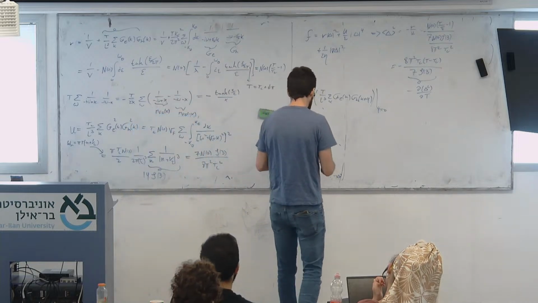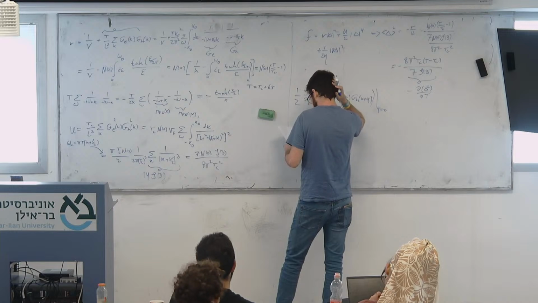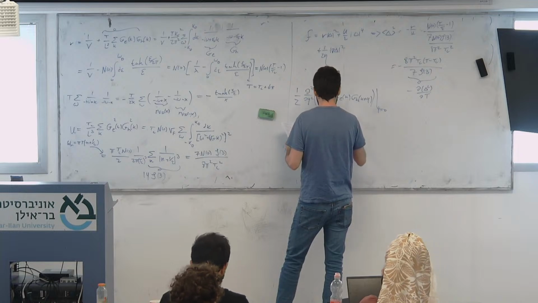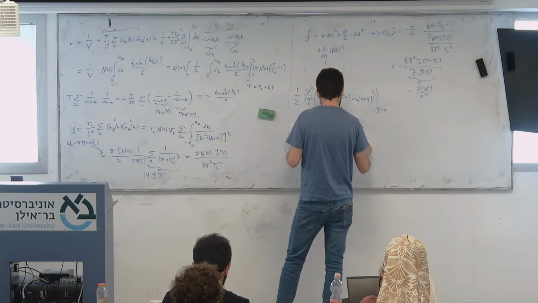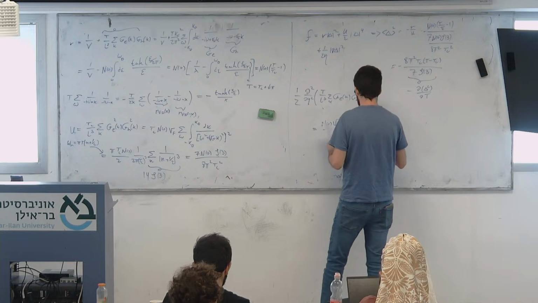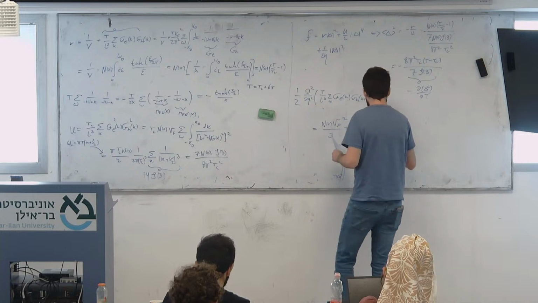And this gives us n(0) v_F squared divided by 3T, sum over omega, integral from minus omega_D to omega_D of d epsilon over minus i omega plus epsilon.